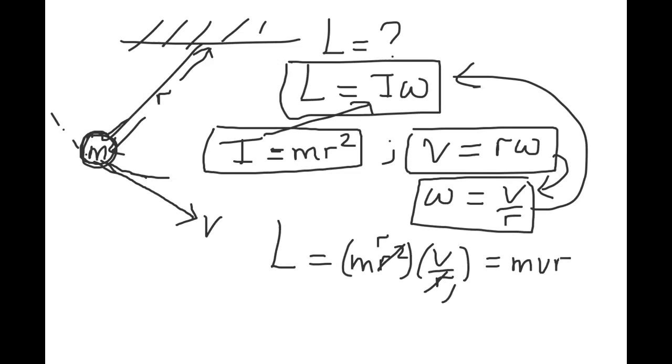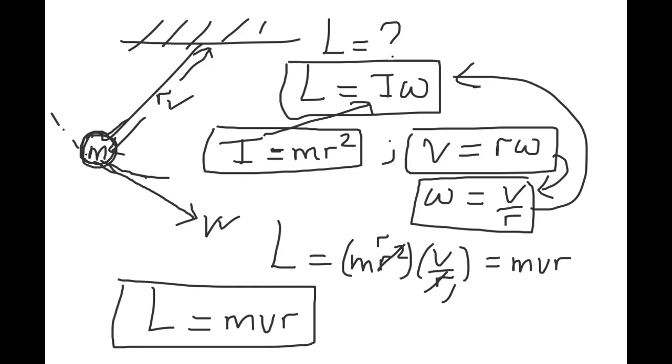So for a simple case like this, angular momentum is given by m times the velocity of the object times the radius. This is the formula for the angular momentum of a simple case where the mass has a small size compared to the radius r, in other words, a simple pendulum.